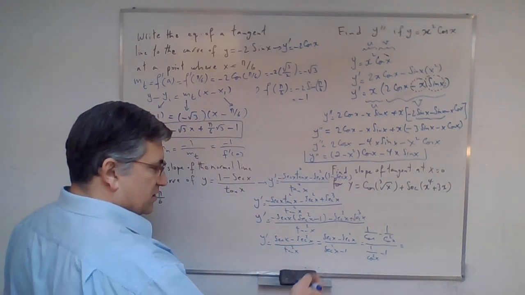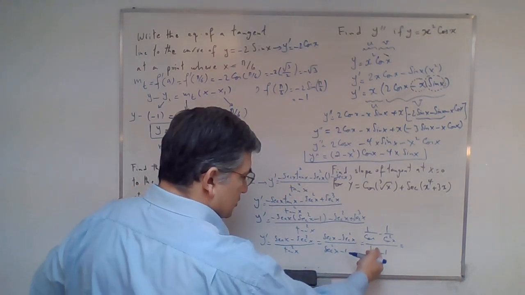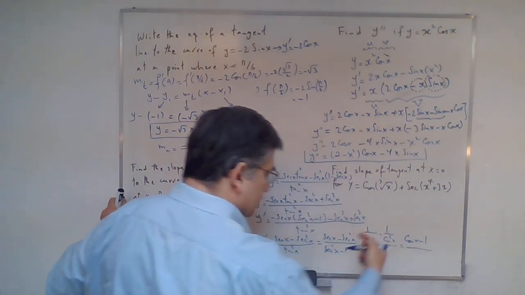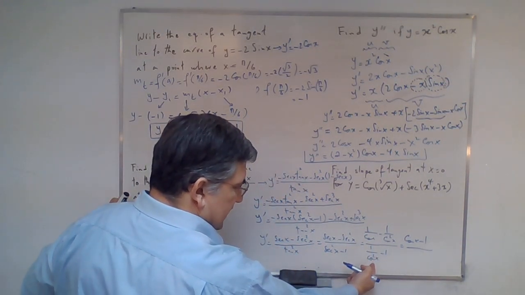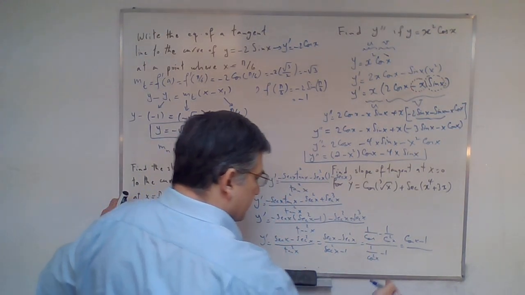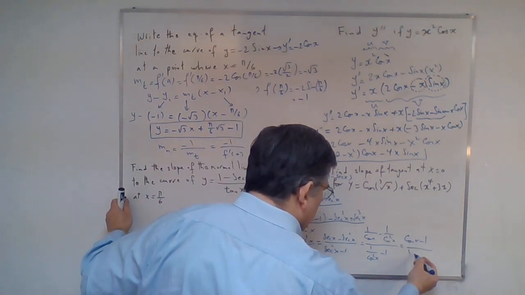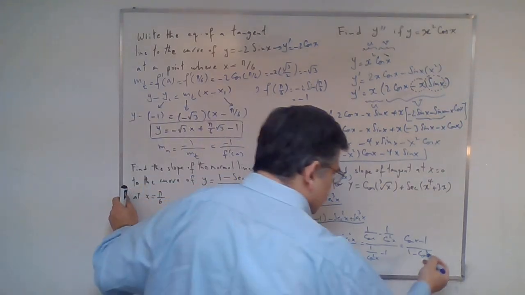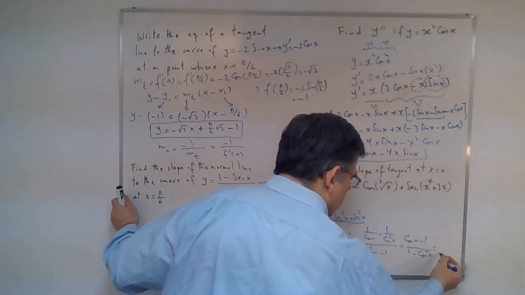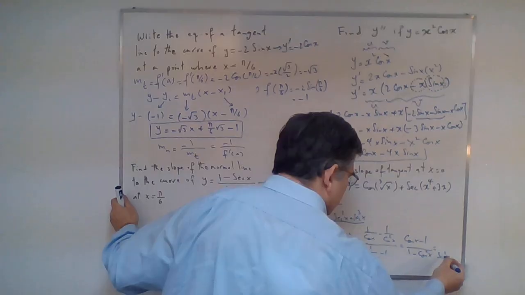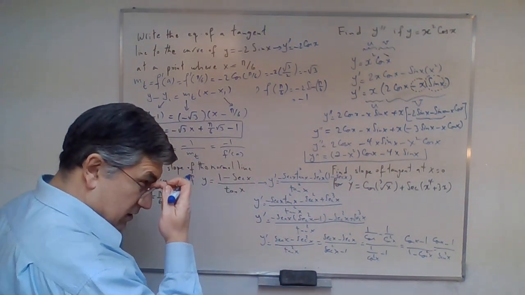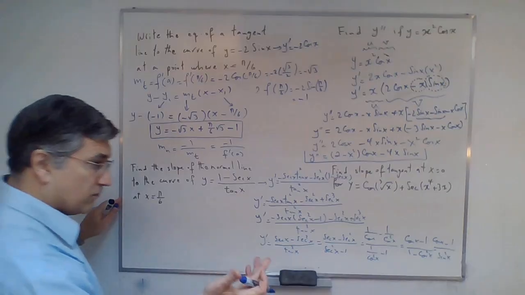Common denominator in the numerator will be cos squared of x, so I end up with cos x minus 1 over cos squared, and that would cancel out with the cos squared at the bottom. So 1 minus cos squared of x is what I end up with in the denominator, which is actually sine squared of x, right? Sine squared of x, and that's cos x minus 1. I think that is all you can do.